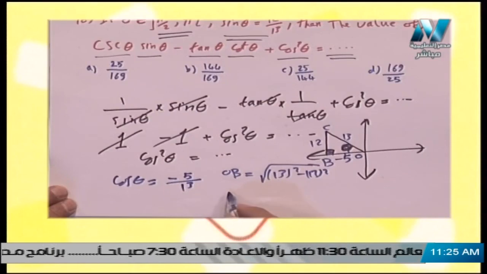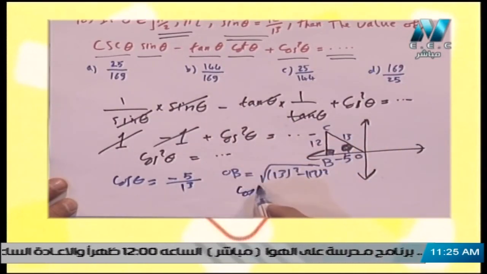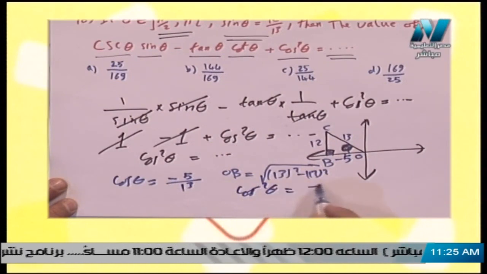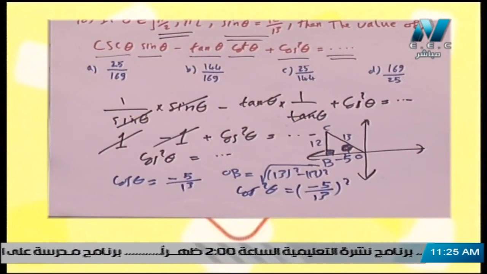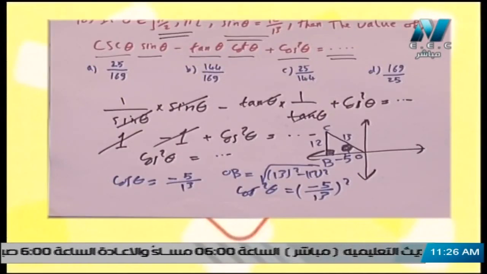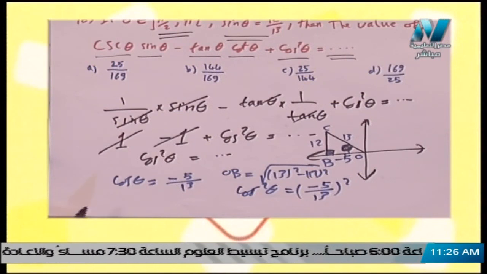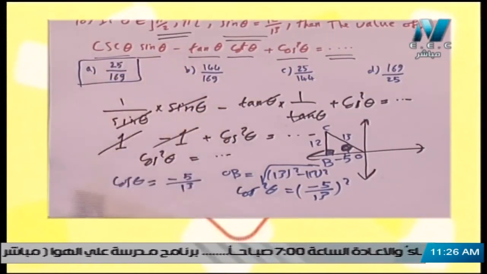But we want to find cosine power 2 theta, so cosine power 2 theta will be negative 5 over 13 all power 2, and by using the calculator, the answer will be 25 over 169, which is this answer.